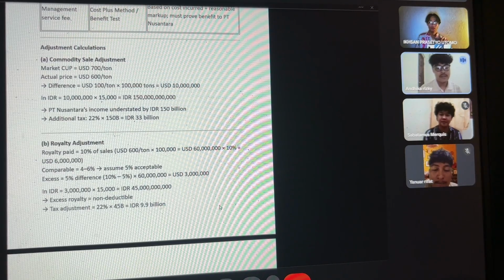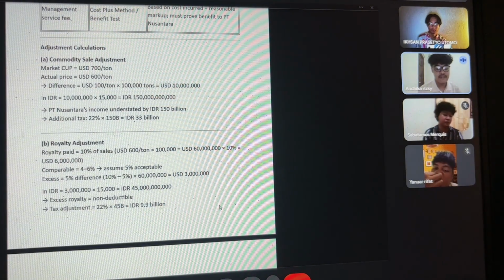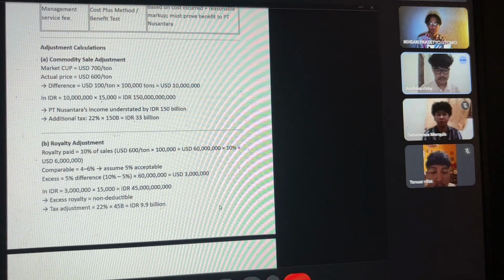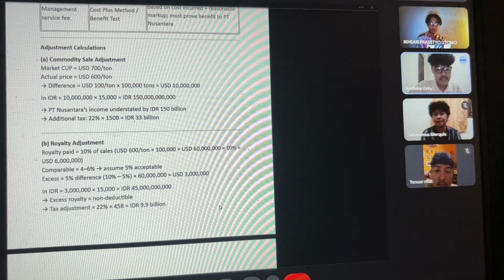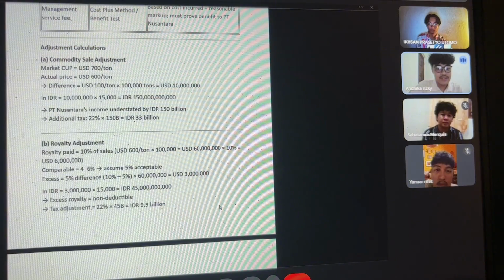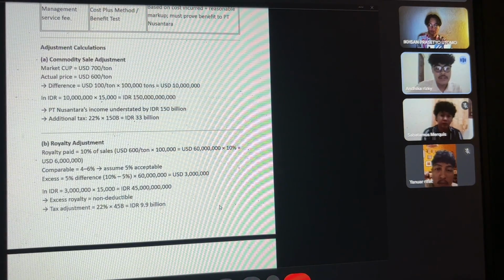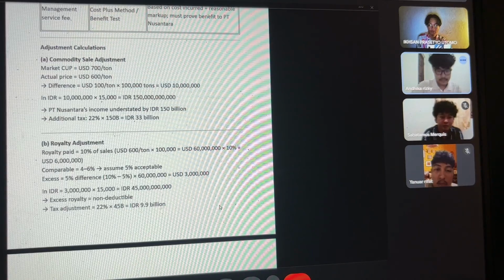After we got the US dollars, we need to convert it to rupiah, at 15,000, which roughly equals 150 billion rupiah. So, PT Nusantara income is understated by 150 billion. And we need to calculate the tax, which is 22% times 150 billion. It equals 33 billion rupiah.